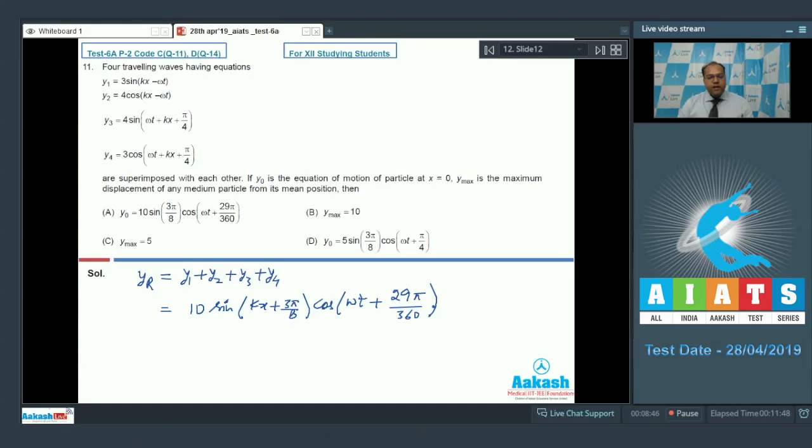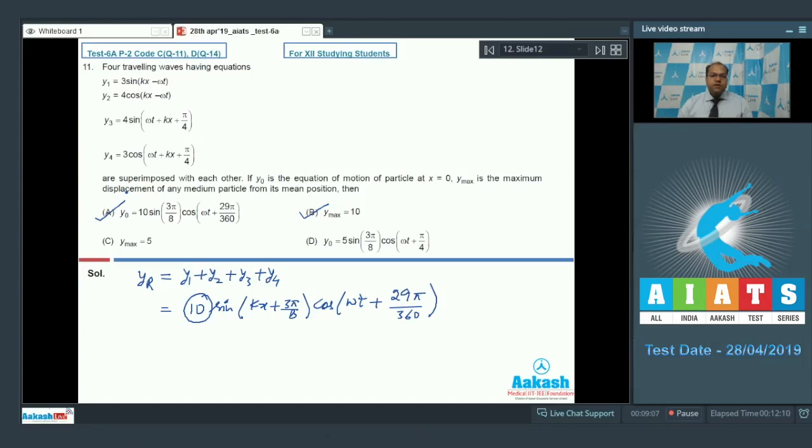So this is the resultant traveling wave. Now we have to find out what ymax is. So ymax is 10. So option B is correct. And in order to calculate the value of y0, we must substitute x equal to 0 in this equation. So we will find that option A is also correct. So the correct answers for question number 11 are options A and B.